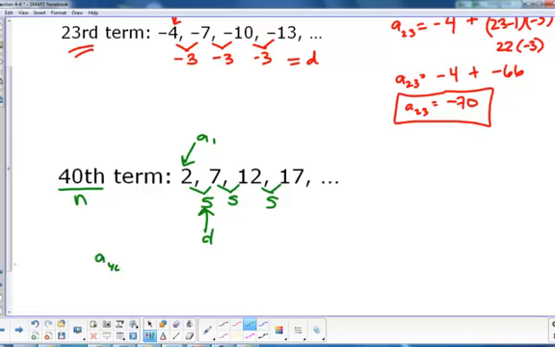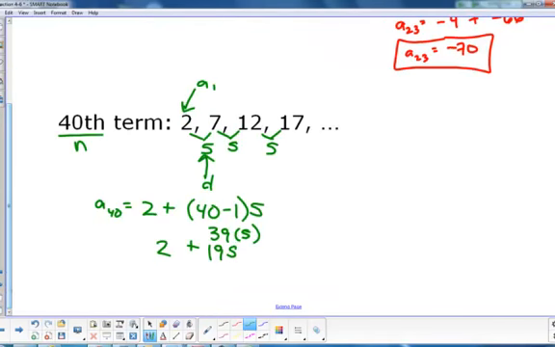So the 40th term is the first term plus the 40th term minus 1 because we're using our first term, times the common difference. So 39 times 5 is 195, and 195 plus 2 is 197. So the 40th term is 197.